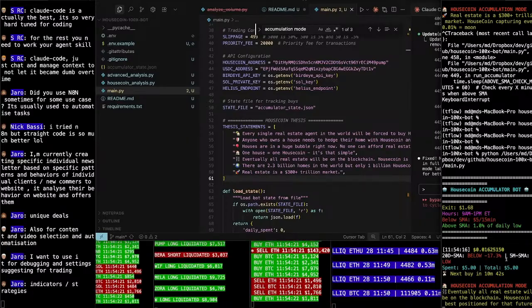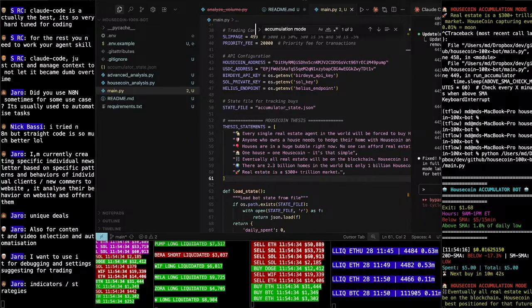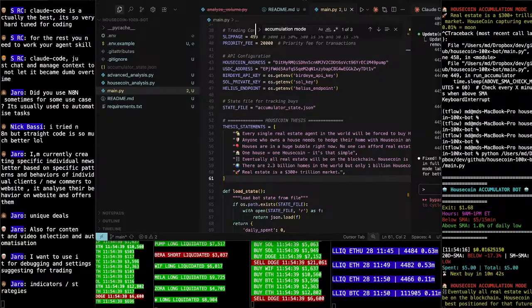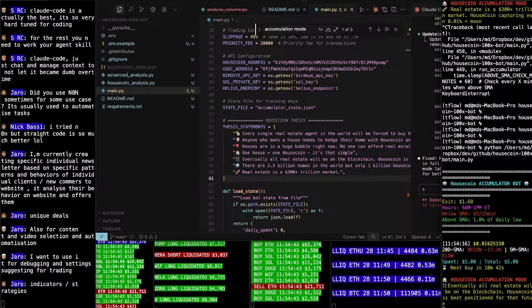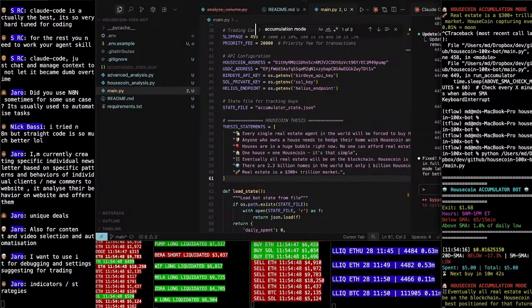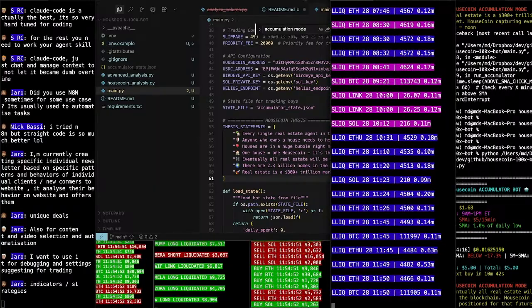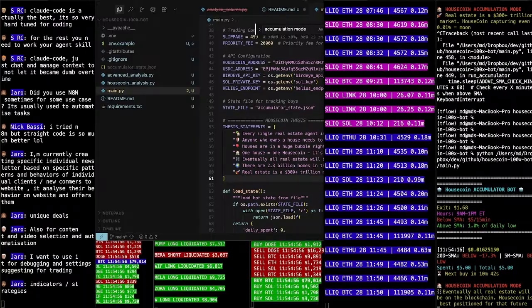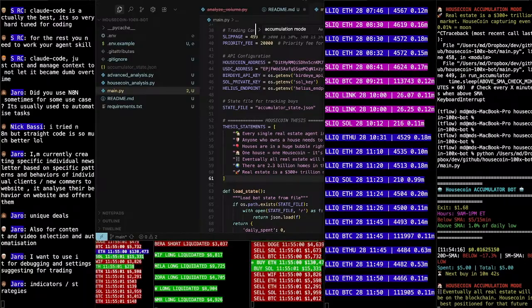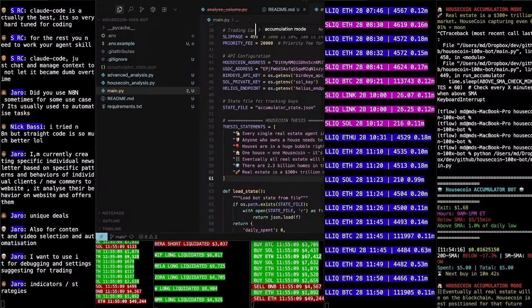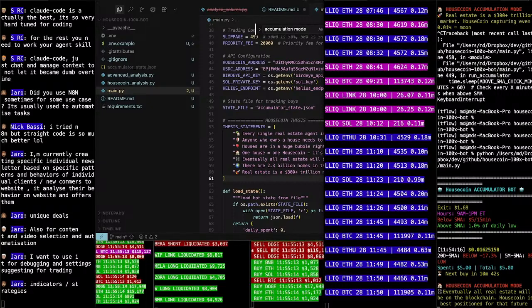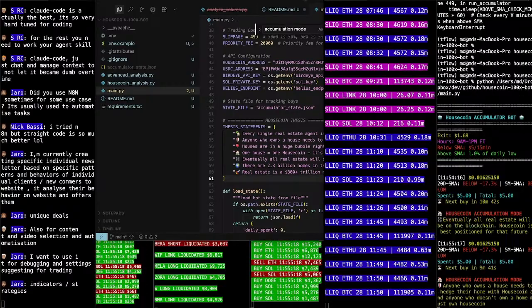Housecoin accumulation mode. Eventually, all real estate will be on the blockchain. Housecoin is best positioned for that future. Anyone who owns a house needs to hedge their home with Housecoin.